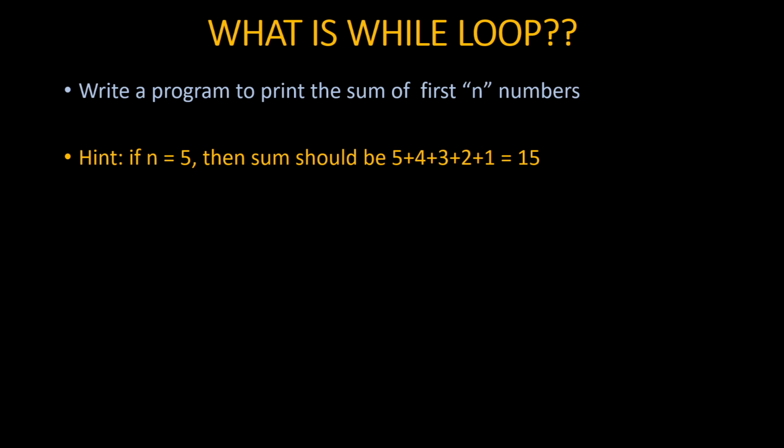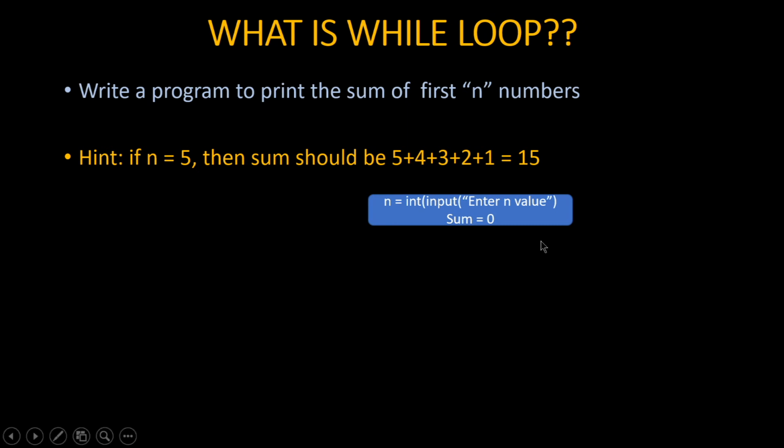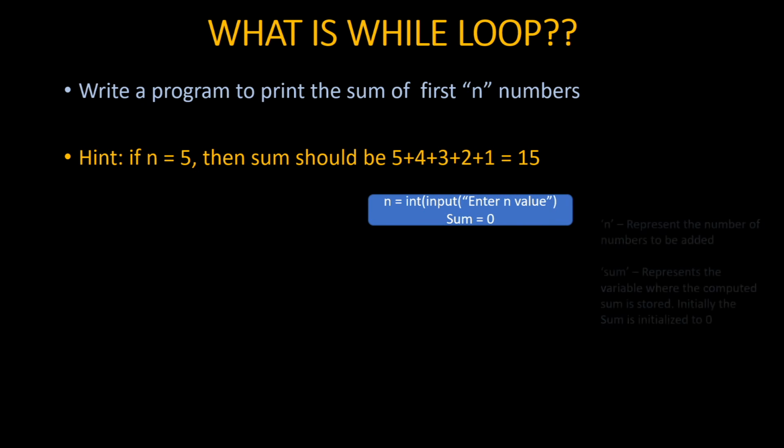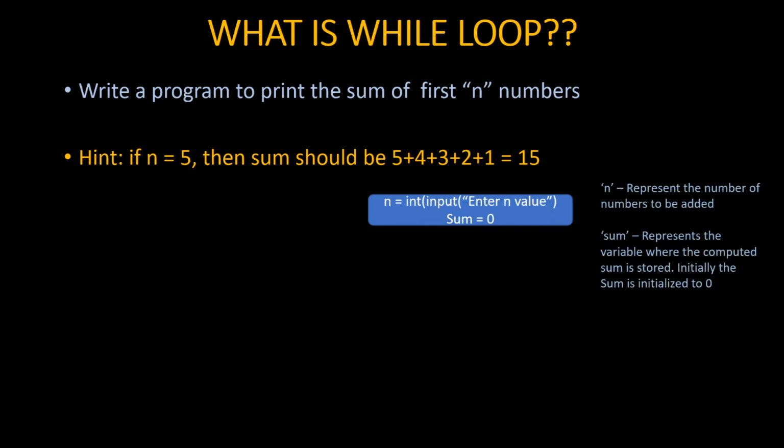For that, first we have to capture the value of n, right? For capturing the value, we have an input command. After the input command, we initialize sum to 0. Sum represents the variable where the computed sum is stored, and n represents the number of numbers to be added.